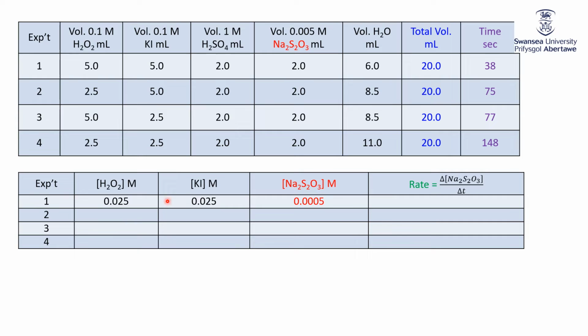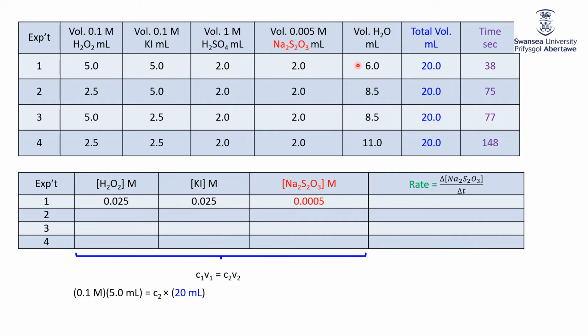So how did I do these calculations to get the concentrations? Well, I use your favorite old equation, C1V1 equals C2V2. Let's do that for the peroxide, which actually also happens to be the same for the potassium iodide. I started off with 5 mL of 0.1 molar H2O2, and I diluted that by adding more of these liquids until I had a total volume of 20 mL.